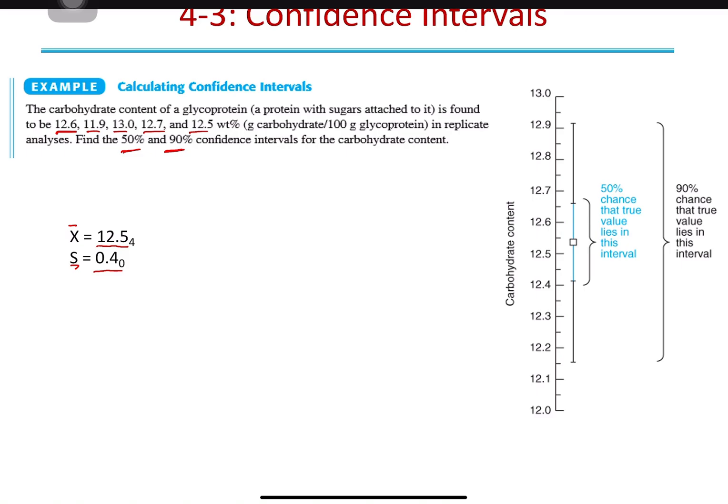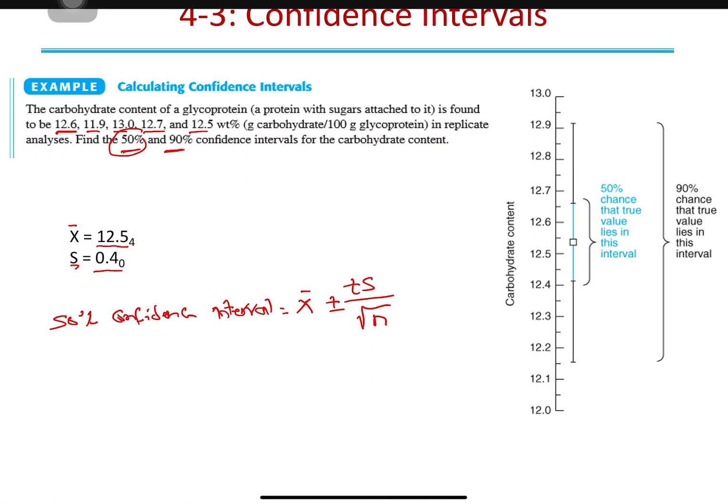So when we try to calculate the 50% confidence interval, we will apply the equation, which is: it equals mean plus or minus t times s divided by the square root of n.